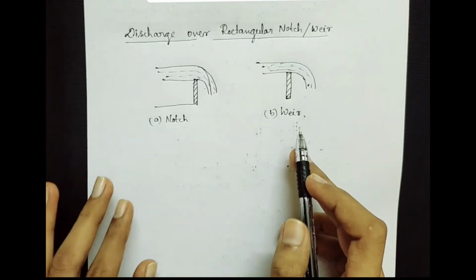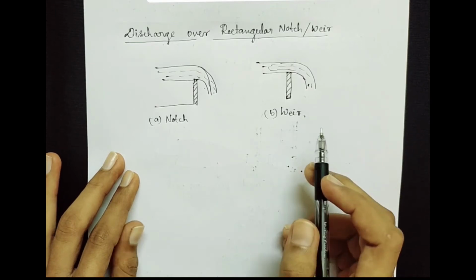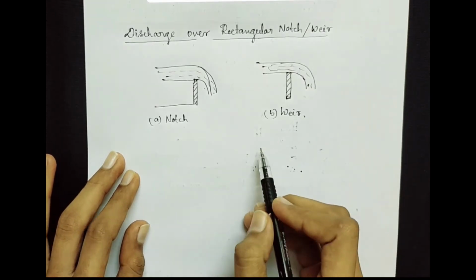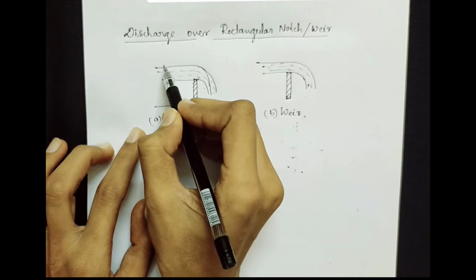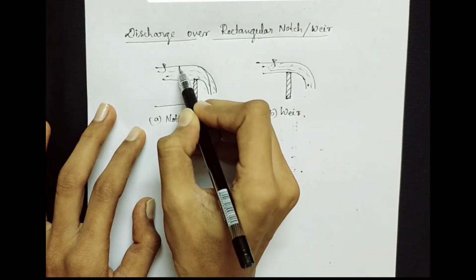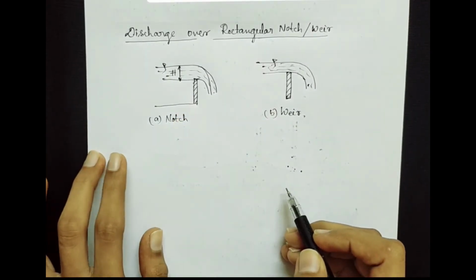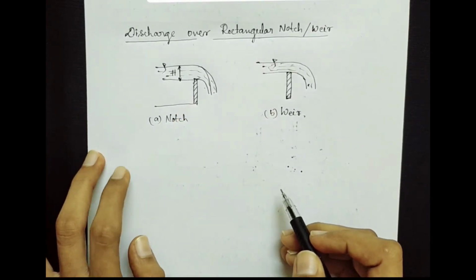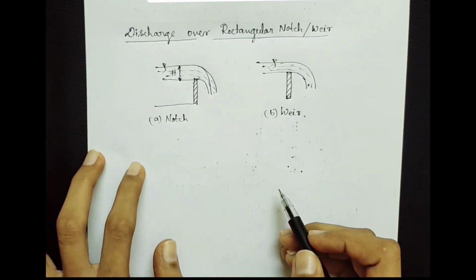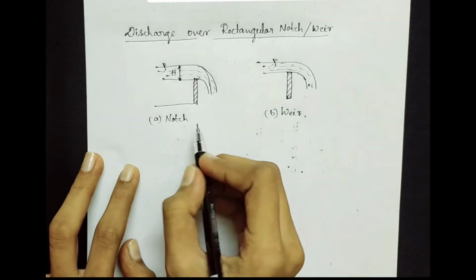For both the notch and weir the discharge equation will be the same. As you see in the figure, the water will be flowing over the rectangular notch or weir with the head of water, H.